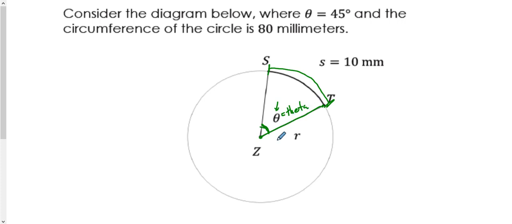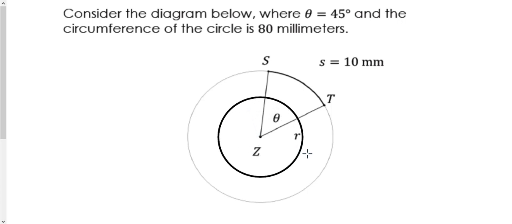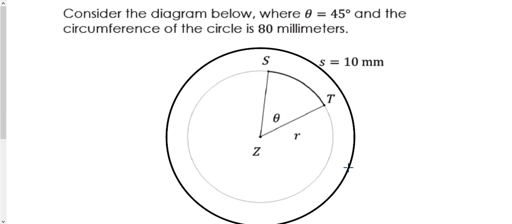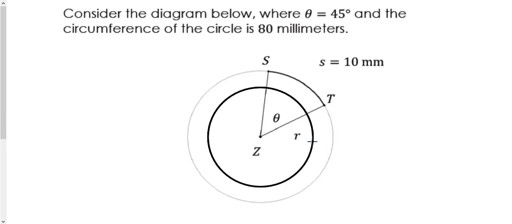Now, do recognize, guys, here's the big thing. If we were to take this circle and expand it out, let me see if I can do this as accurately as possible. Well, let's shrink it down. If we shrink it down, watch what changes and what doesn't change.